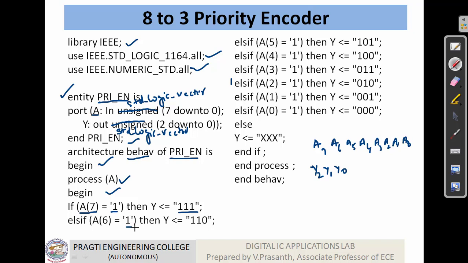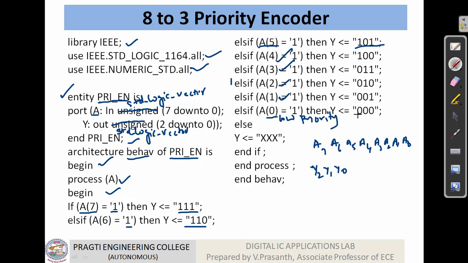If the 6th bit is 1, then at the output it will represent 110. If the 6th bit is also not 1, then it goes with the 5th bit. If the 5th bit is 1, the output represents 101. Likewise, it goes with the 4th bit, 3rd bit, 2nd bit, 1st bit. Lastly, it goes with the 0th bit, this being the lowest priority.